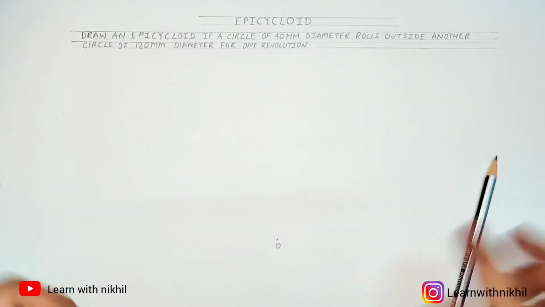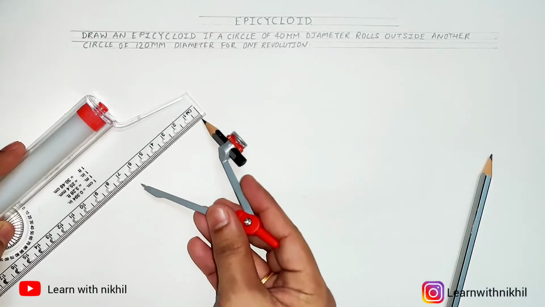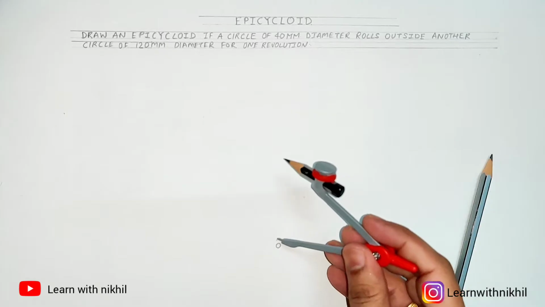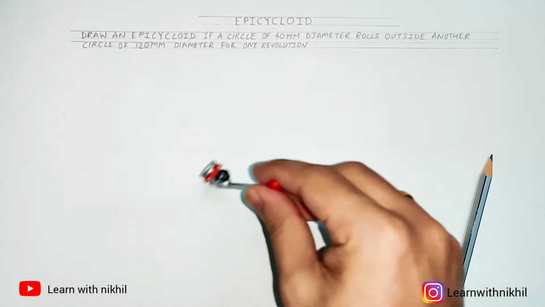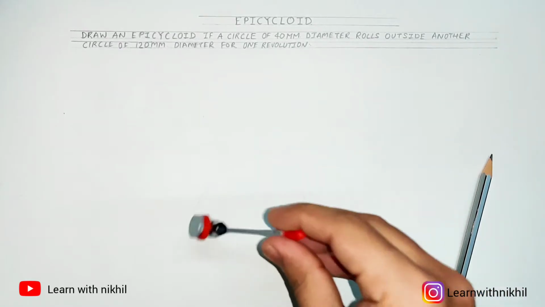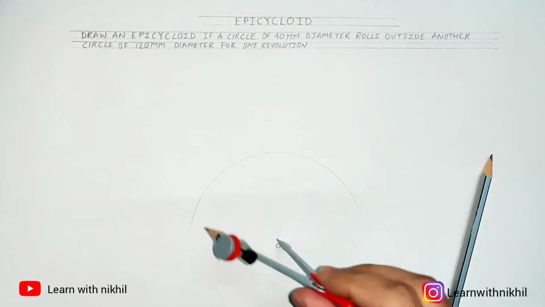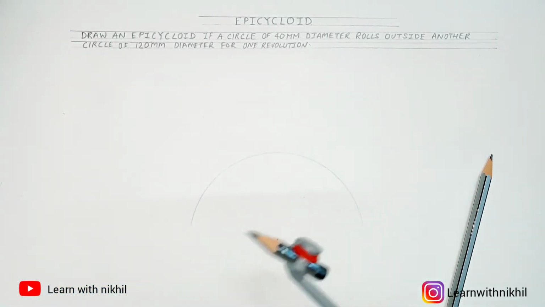So we have taken a sum where we have a smaller circle of 40 mm diameter and another circle of 120 mm diameter. First we will take a point O and draw a curve of 120 mm diameter. So this is the bigger circle of 120 mm diameter.